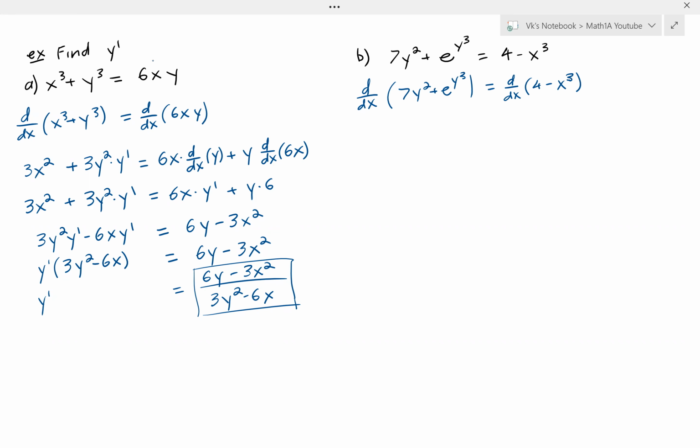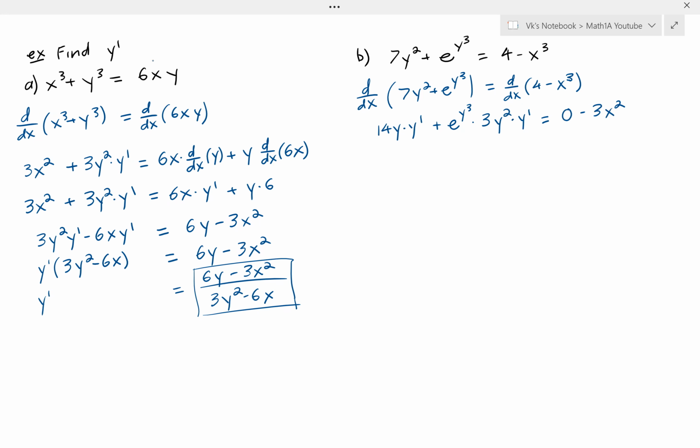Derivative of 7y squared is 14y times y prime. Derivative of e to the y to the power 3 is e to the y to the 3 times 3y squared times y prime. Use the chain rule. And on the right side, we have 0 minus 3x squared.